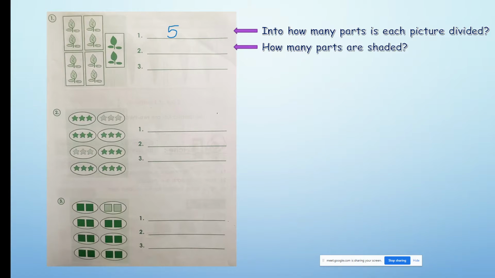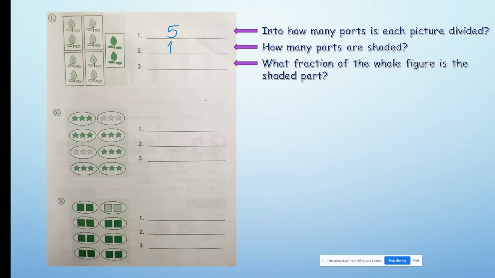Next, for number 2, you will say how many parts are shaded. It means the colored part, the dark parts. How many parts are shaded? Only 1, because that's one group. Next. What fraction of the whole figure is the shaded part? What is the fraction now if you have this as the numerator?